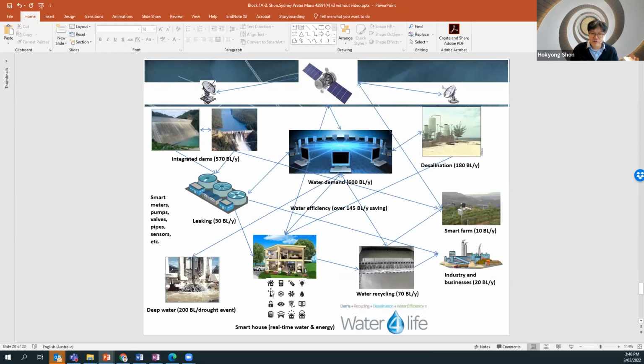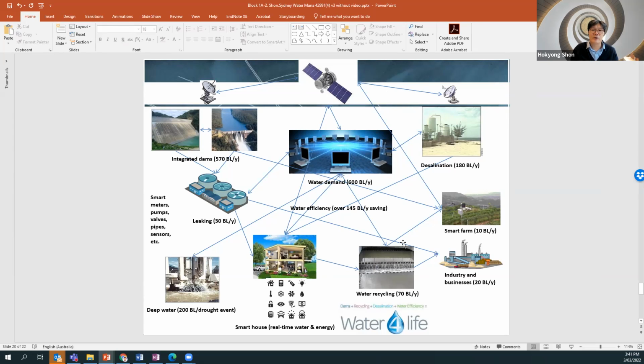So that's the future. We can think about how we can effectively monitor using AI as well as IoT technology. From them, how much water desalination, leak monitoring systems, household water monitoring systems, and groundwater, smart farm, industry, water recycling, and efficiency will be interactive together to make a very sustainable operation of our water management.